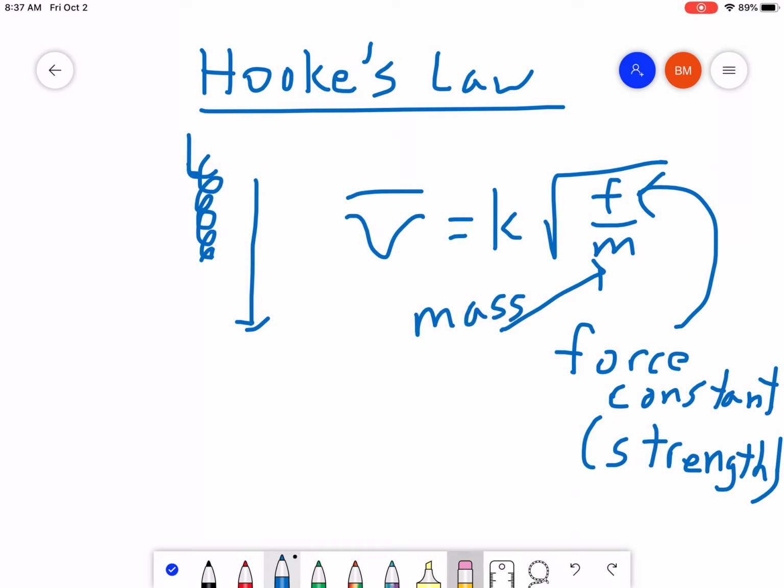All right. So let me show you what's kind of neat here in terms of Hooke's Law, and I'm going to use the spring analogy again. Let's say you had a physics experiment where you had two hooks and two springs.